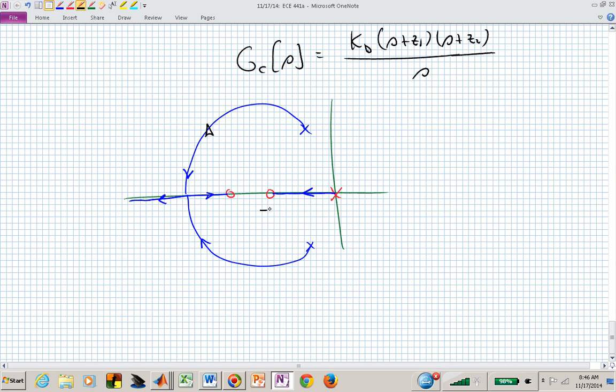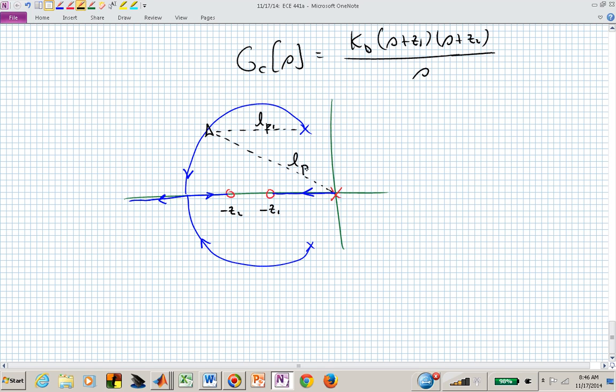This is now minus z1, this is minus z sub 2. You're going to have quite a few lengths to calculate, aren't you? You have the distance from that pole to that location. Let's call that LP1. We have the length from the pole at the origin, which is coming to us because of the PID, the pole in our integrator.